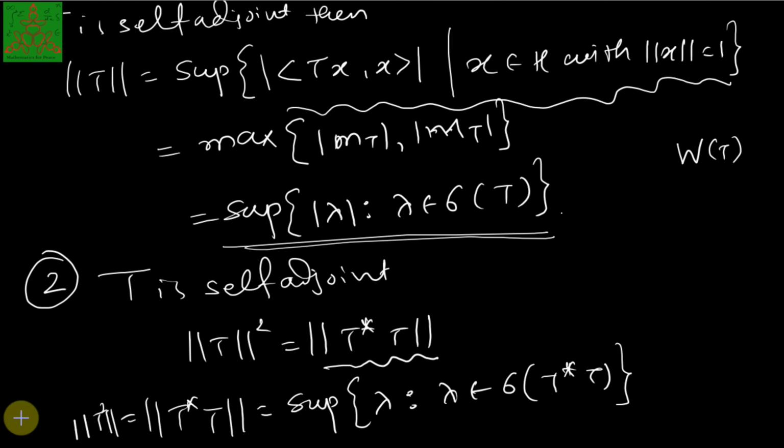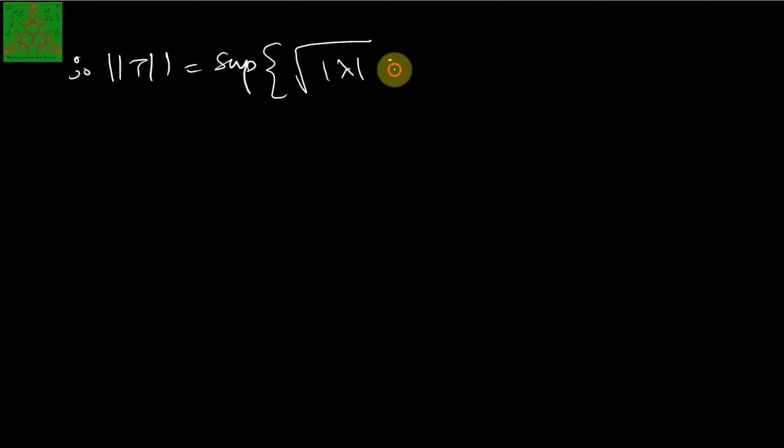So by taking the square root, the norm of T is nothing but the supremum of the square root of mod lambda such that lambda belongs to the spectrum of T star T. So by this one line proof, we have this statement.